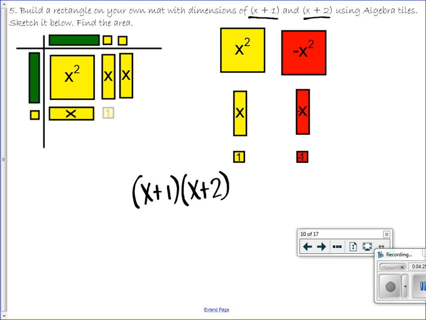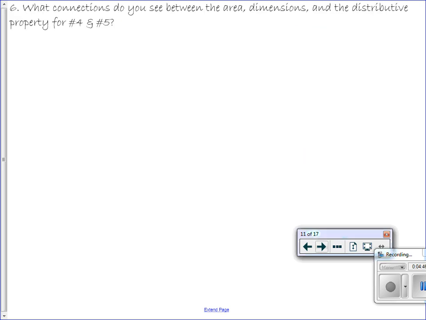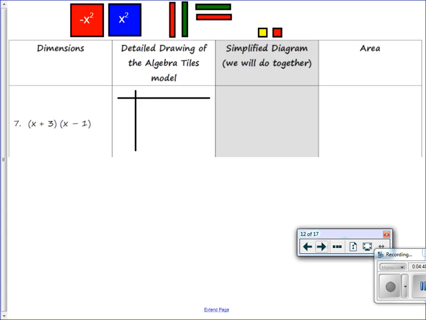The 2 small ones. So what is the answer to this product? X squared plus 3X plus 2. Wonderful. Okay. So we're going to skip that question number 6, and we're going to go down to that table now.